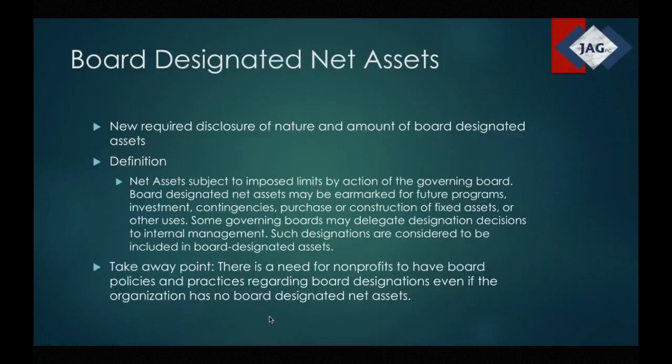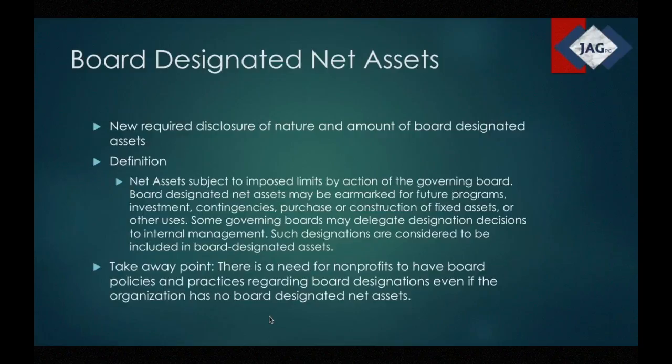Such designations are considered to be included in board designated assets. So when I read this definition, a couple different things. One, pretty much anything that they earmark money for is a board designated asset. But the second part of this, which I think is the most interesting, is some governing boards may delegate the designation decisions to internal management.